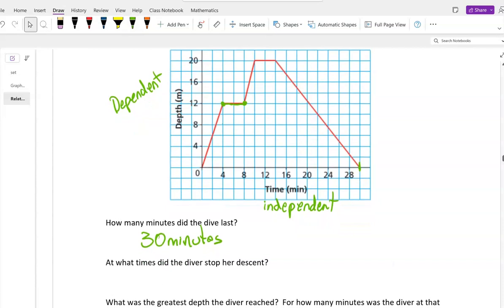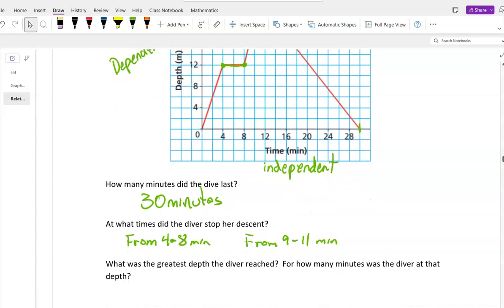From 4 minutes to 8 minutes, the depth is not changing. So we're going to say from 4 to 8 minutes. And then again, up here, that's from 9 to 11 minutes. Maybe the diver saw a shark and froze and didn't want to move at all.